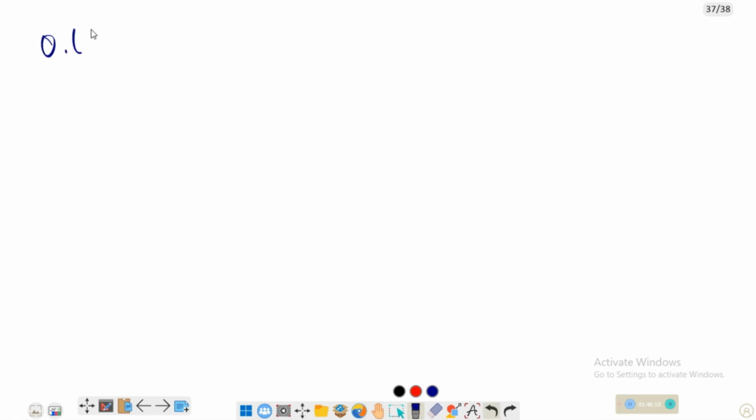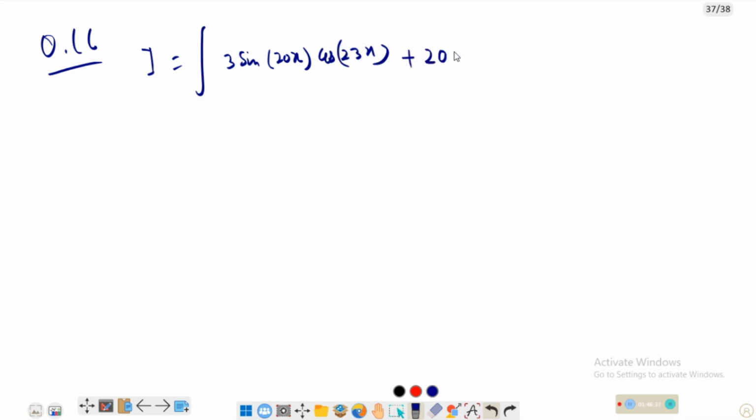Question number 16 is I is equal to the integral of (3 sin 20x cos 23x + 20 sin 43x) dx.